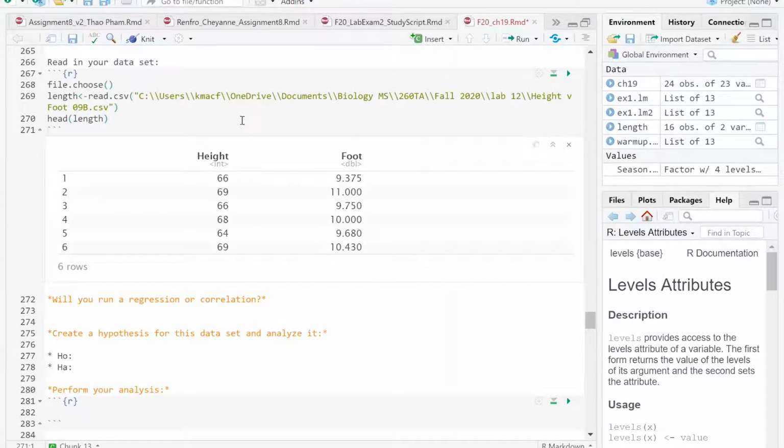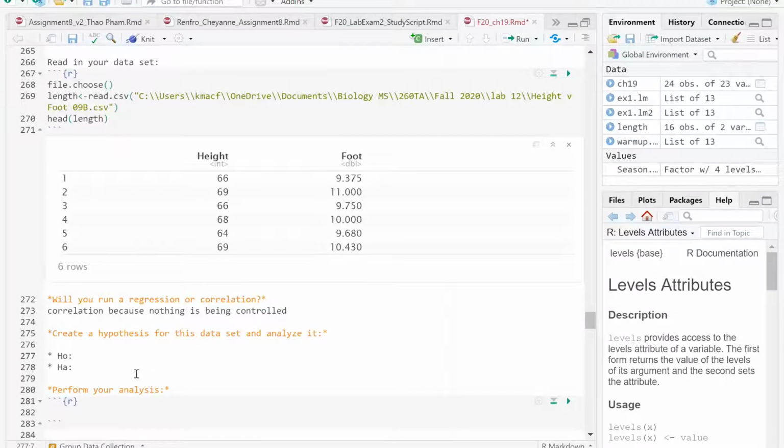I mean, a correlation. Yes, it's a correlation because we're not controlling our height or our foot size, right? So this is purely observational data. So this is a correlation because nothing is being controlled.